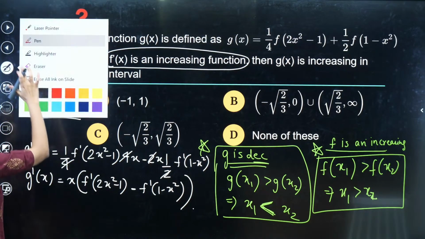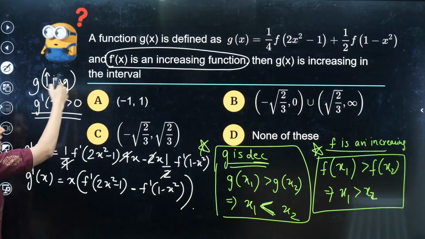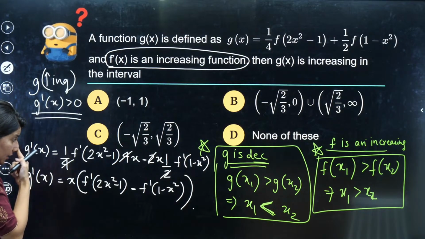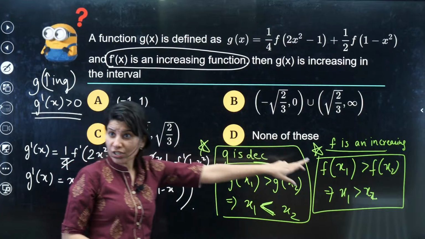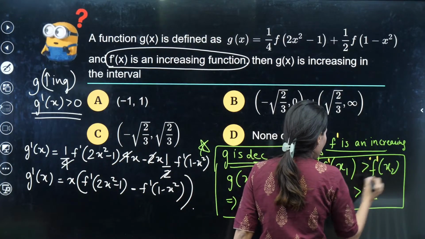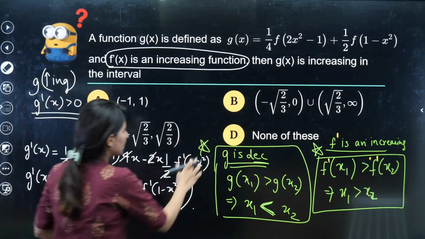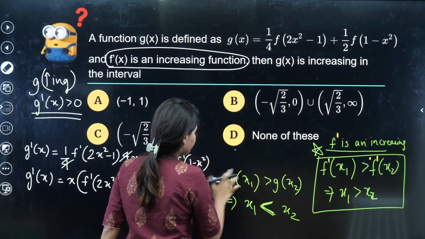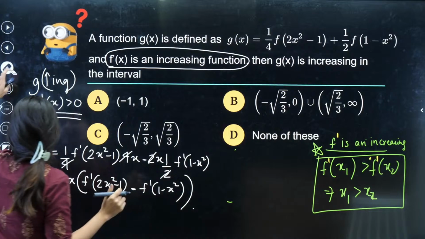So now what do I want? I want my g dash x to be positive so that I can get to this interval. And clearly f dash is an increasing function, it is given to you. That means for f dash, this is possible. So this is the concept for f dash x.